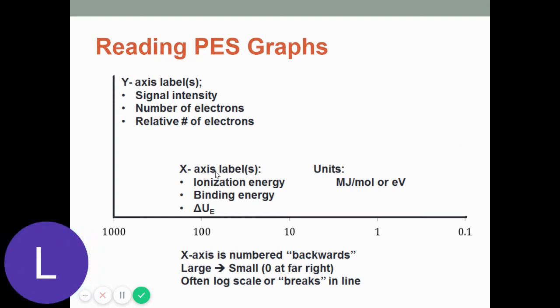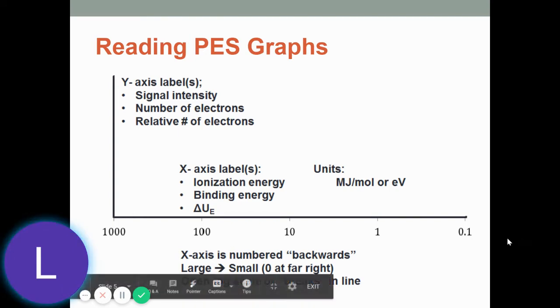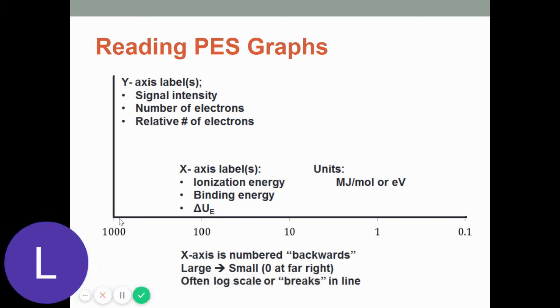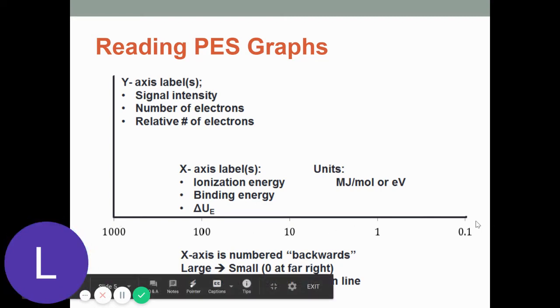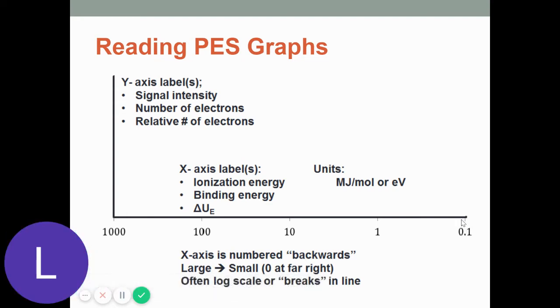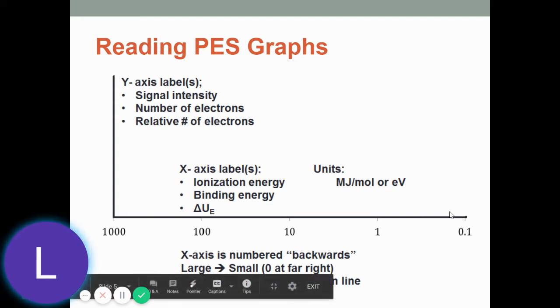The weird thing about these is that the bottom, our x-axis, is essentially backwards. So our most energy is going to be where 0 would usually be. And things that are easy to remove are going to get plotted way over here on the right.